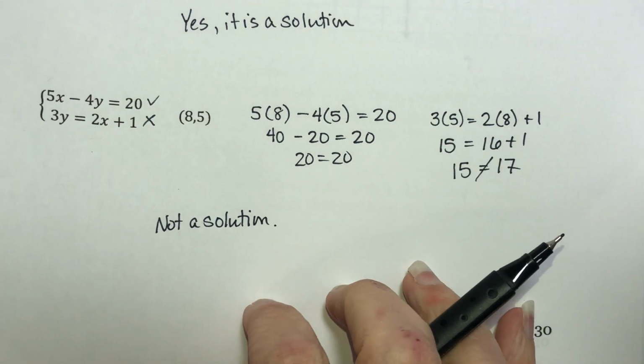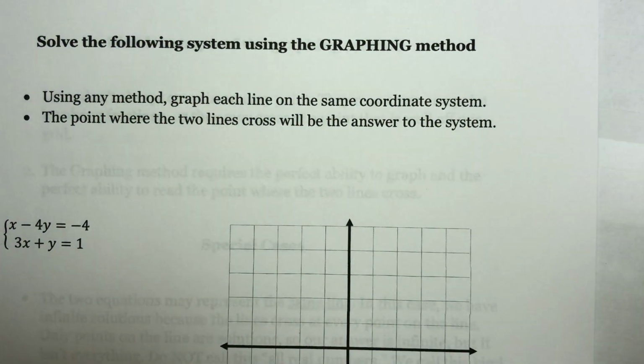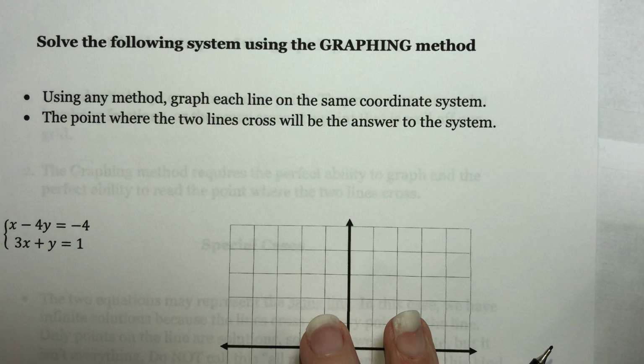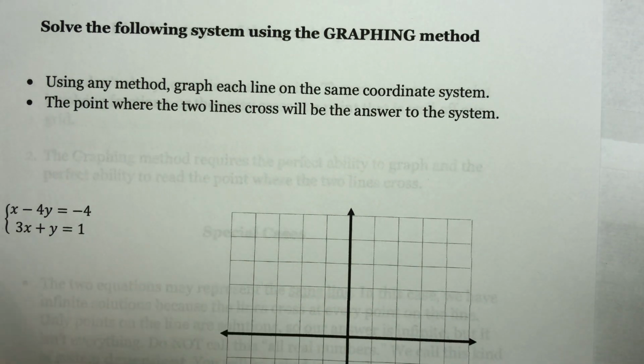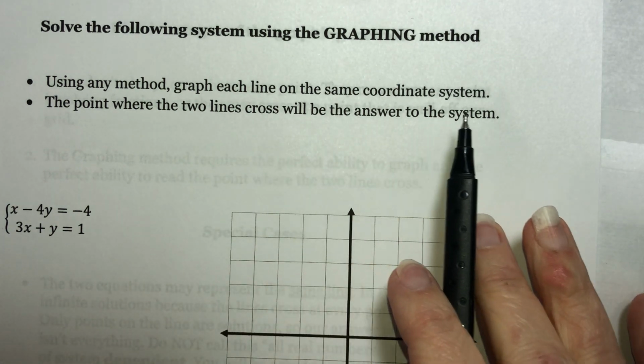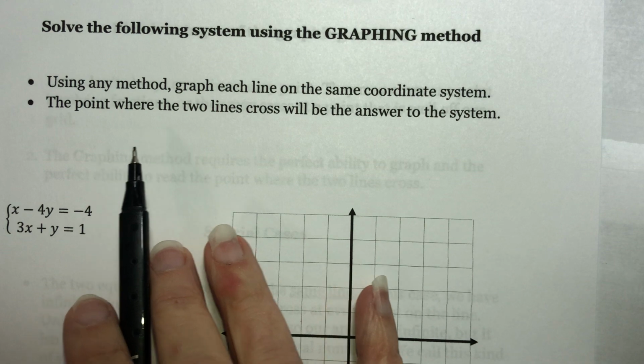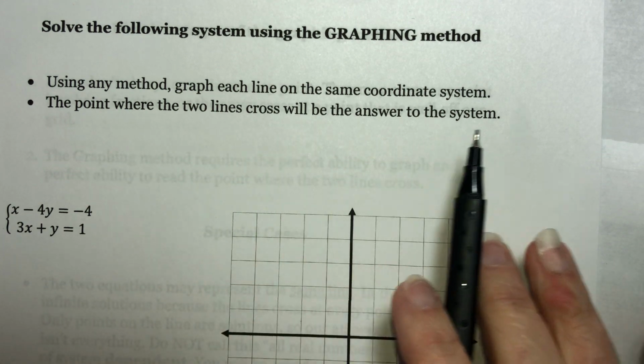So how do we actually find these solutions? The first method is the graphing method. What we're going to do is use any method we learned in the last chapter to graph each line on the same coordinate system. The point where the two lines cross will be the answer to the system.